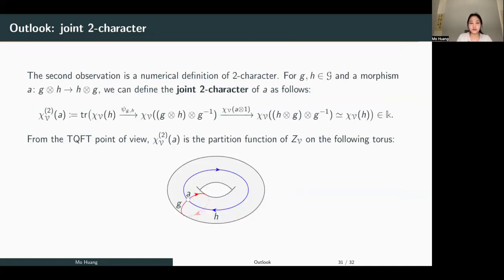And the second observation is a numerical definition of the 2-character. For g and h in this 2-group, and the morphism A, we can define the joint 2-character as follows. From the TQFT point of view, this joint 2-character is a partition function of Z_V on the following torus.